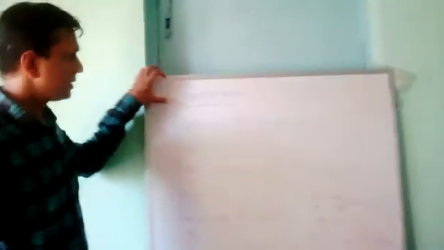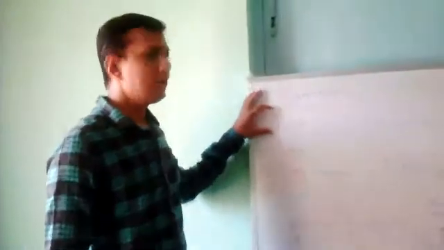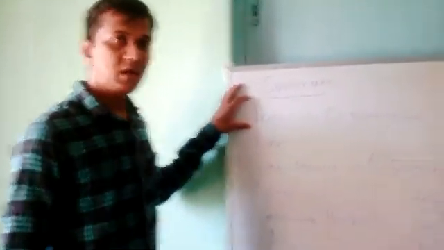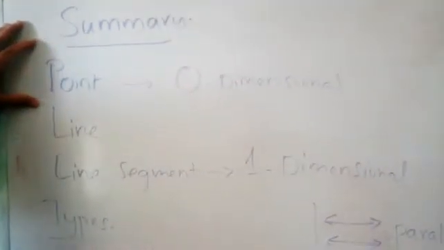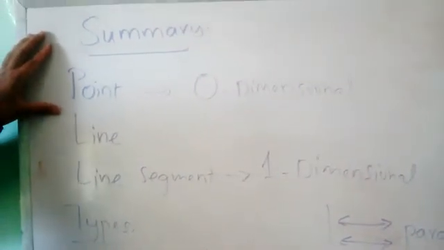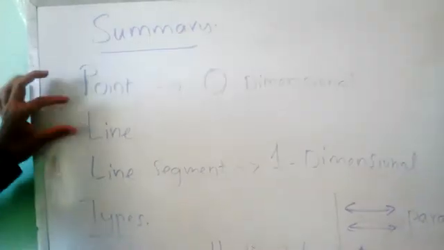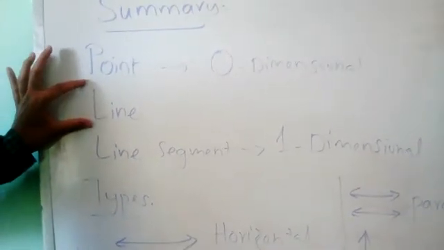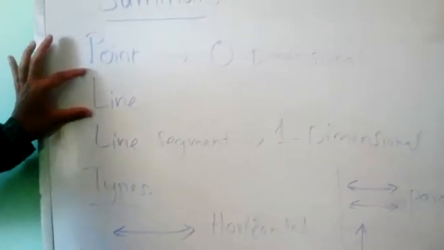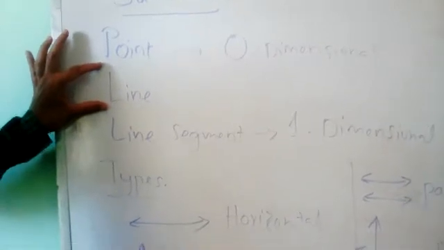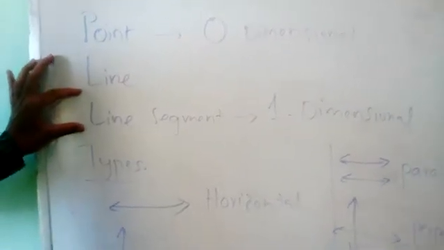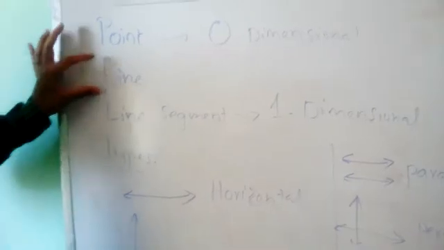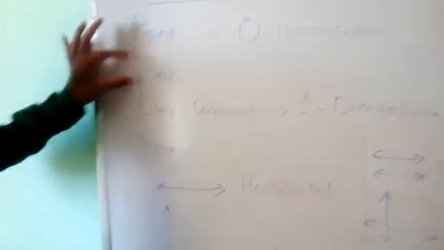We have discussed today the point definition, nothing but a mark of position indicating the location of a place or a thing. So it is 0 dimensional. After that, the line definition: it is a collection of a series of points extending in both directions. And the line segment is 1 dimensional, it is a part of a line.